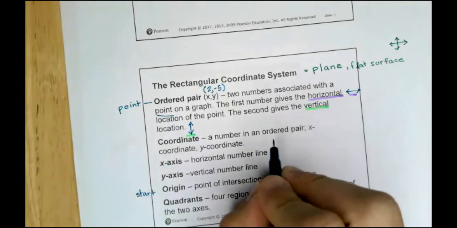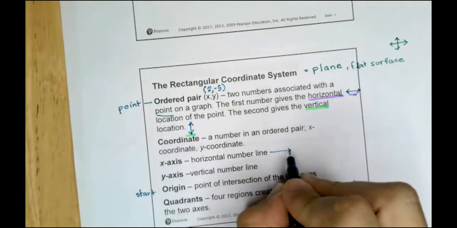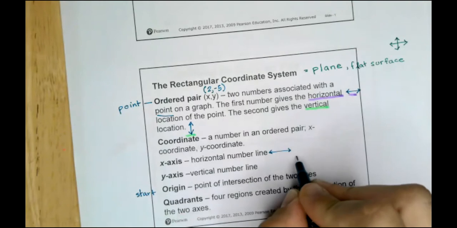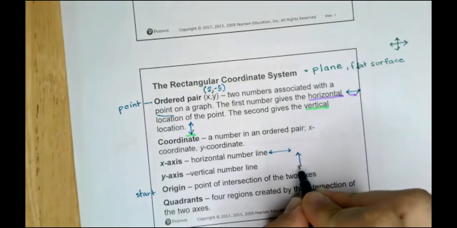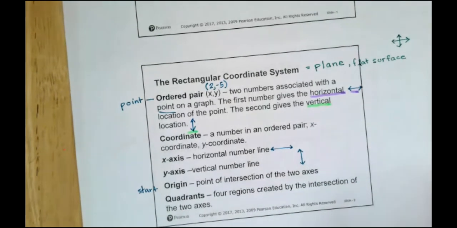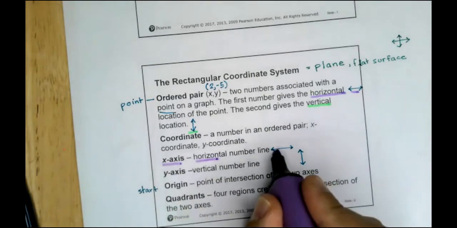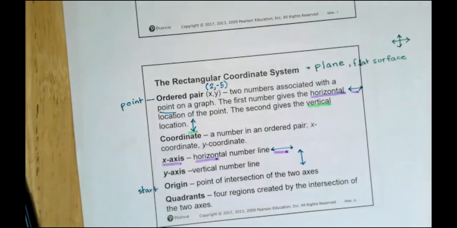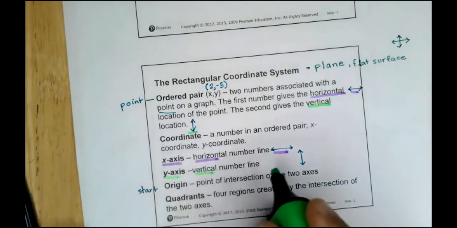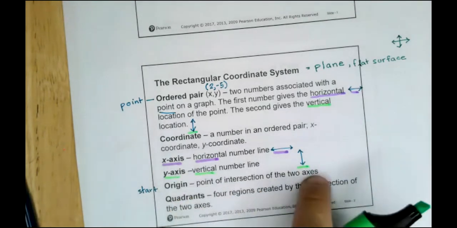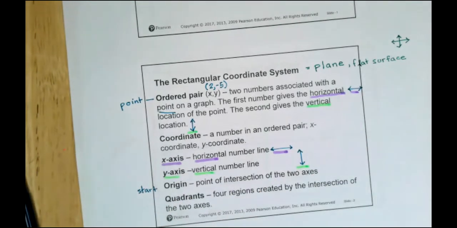X-axis is horizontal. Y-axis is vertical. Okay, the origin is the point of intersection of the two axes.